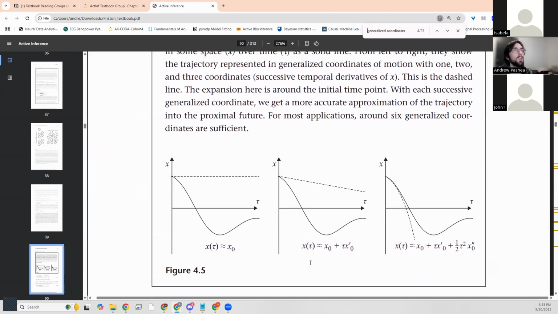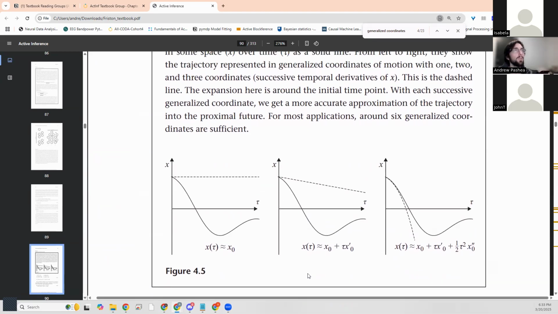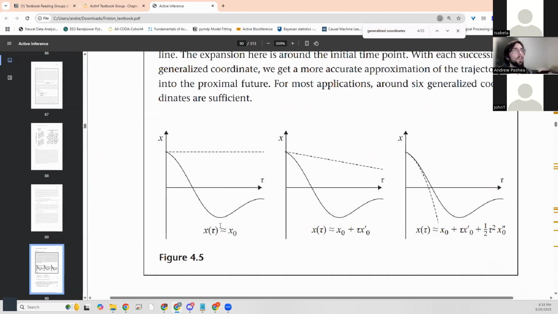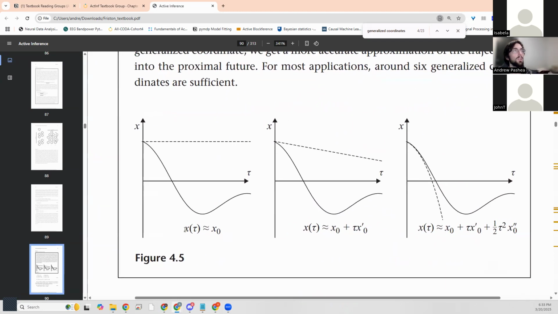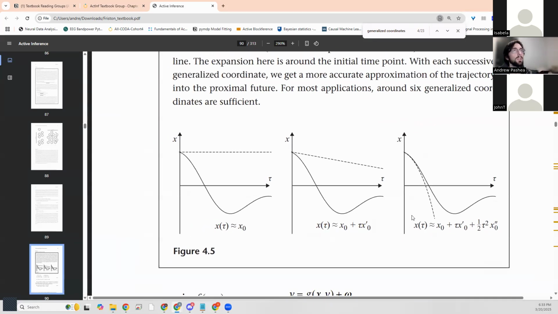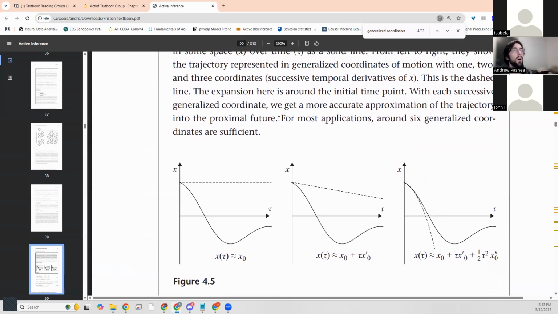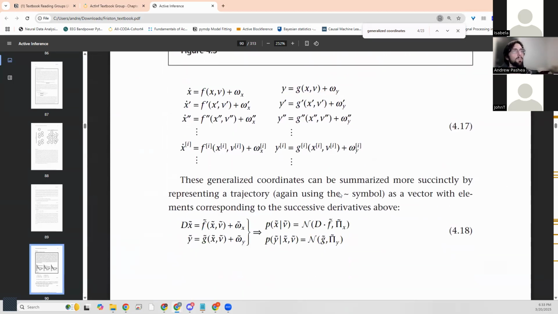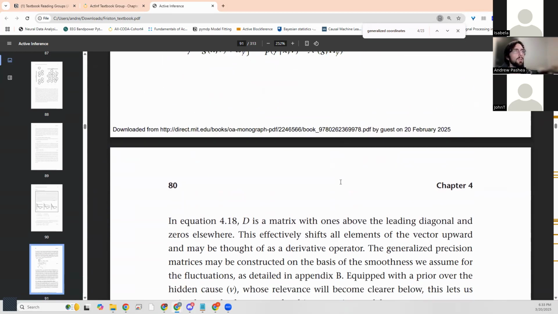For those who are familiar with Taylor series approximation, you can view it as expanding the number of terms in your Taylor series expansion. The authors note that around 6 generalized coordinates are sufficient, meaning we're going to expand that far. And it works quite well.